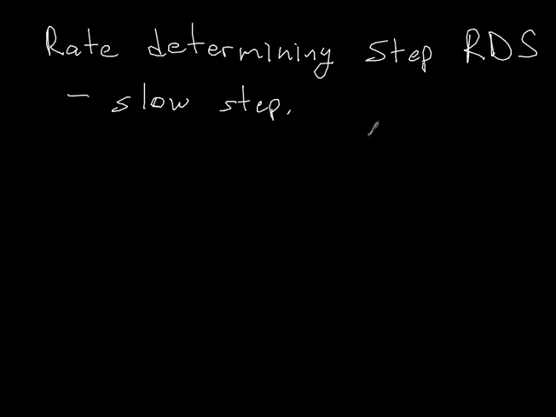The reaction will never proceed faster than the slowest step because it limits available particles for any subsequent step to react with. And so when you're looking at reaction mechanisms, if you can identify the slowest step, you have identified the rate expression.